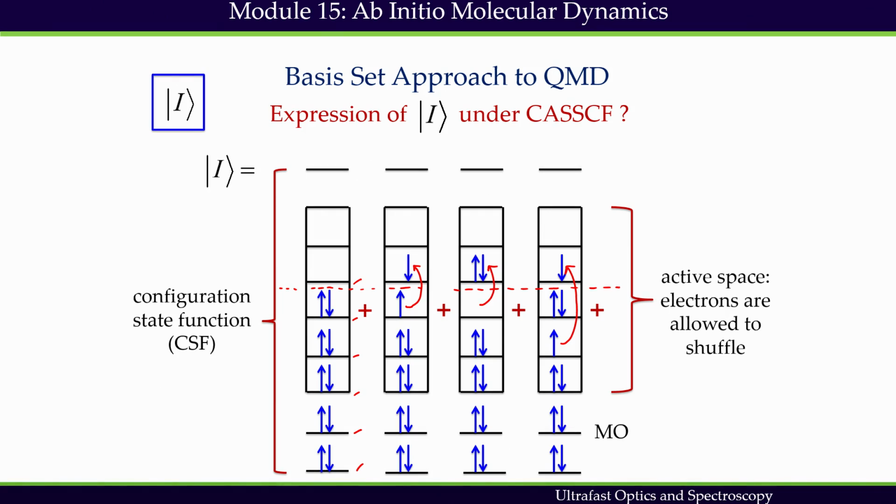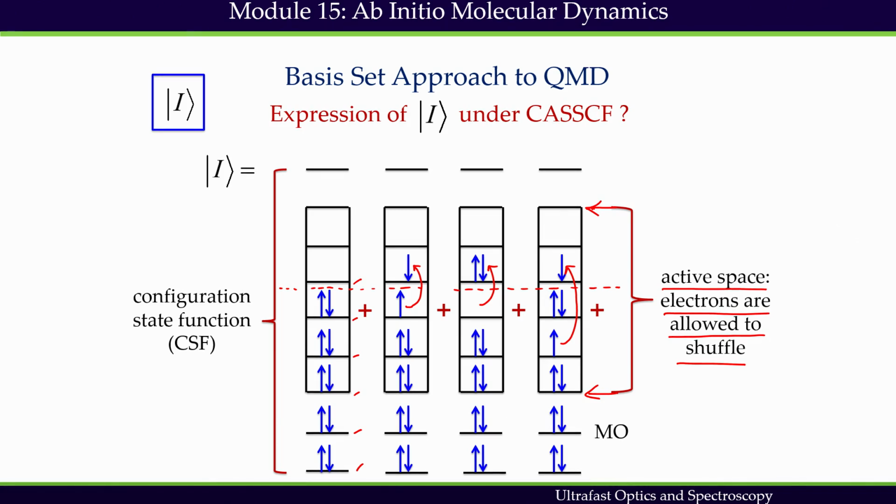What is unique in the CAS-SCF method is that we consider a particular set of orbitals to be chemically important, which is called the active space. Electrons are allowed to shuffle in that active space only. Once we define an active space of chemically important molecular orbitals, those involved in chemical bonding, we assume that this particular set shown in this box represents the active space.